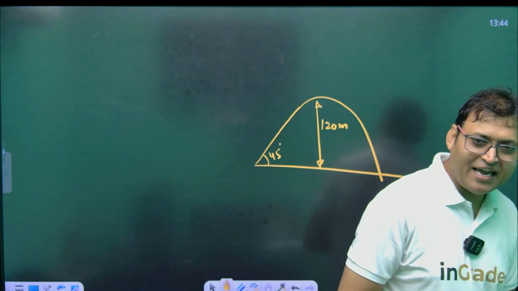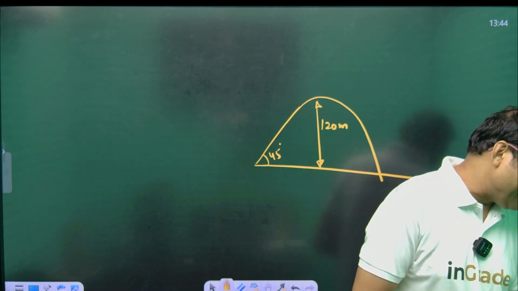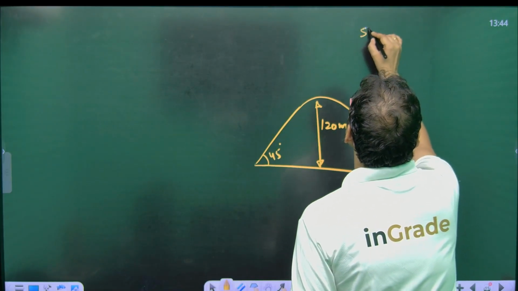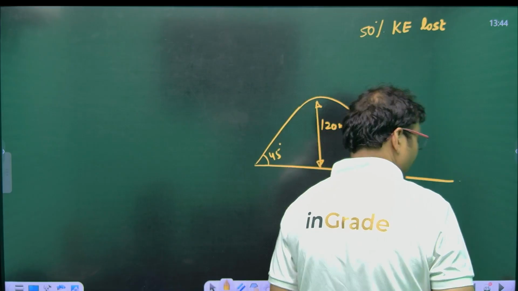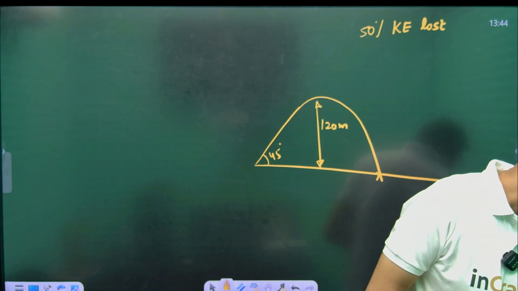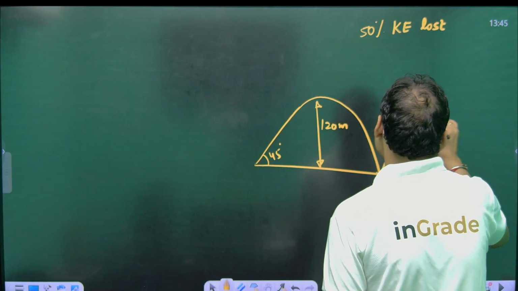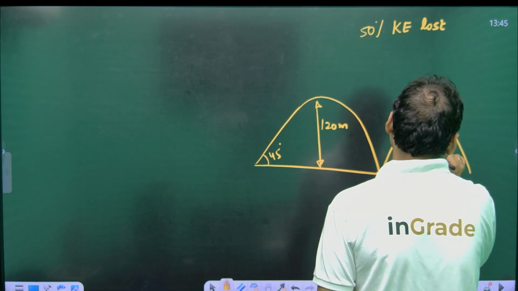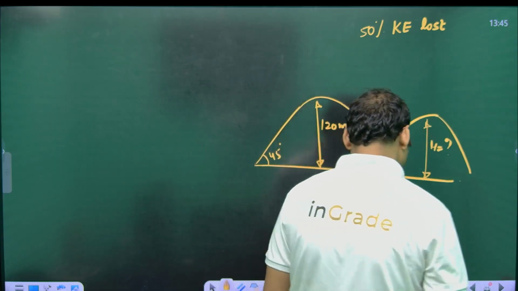Then it will strike the ground again, and when it hits the ground, it loses 50% of its kinetic energy and moves at an angle of 30 degrees. What is the maximum height attained by the particle after one bounce? This is the question.